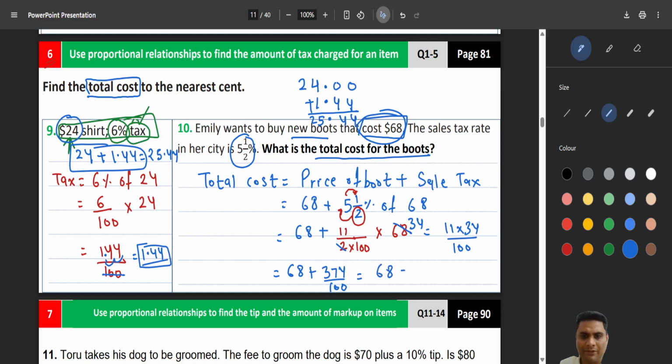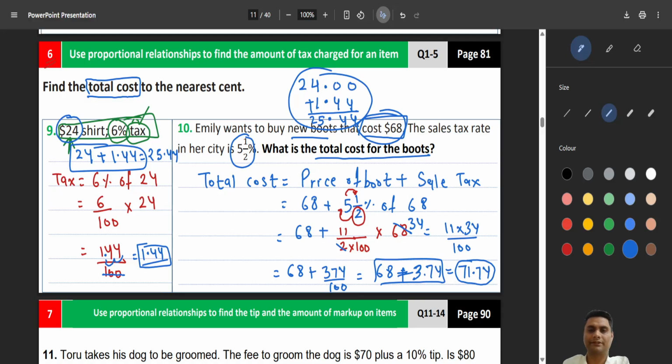Just put the decimal after two numbers, so this will become 3.74. Yes, 68 plus 3.74, 71.74. You can do the addition by yourself now because I explained how to add it here already, okay? So the answer is $71.74 after the tax.